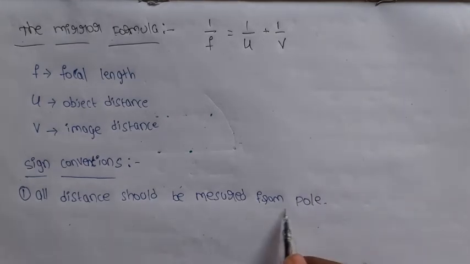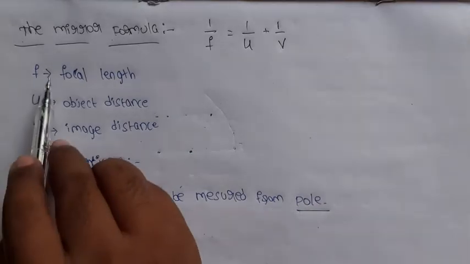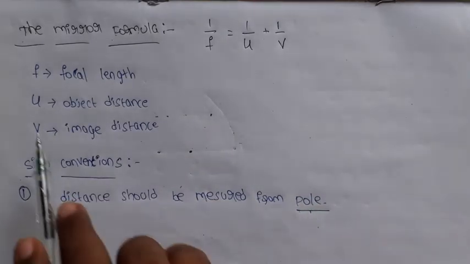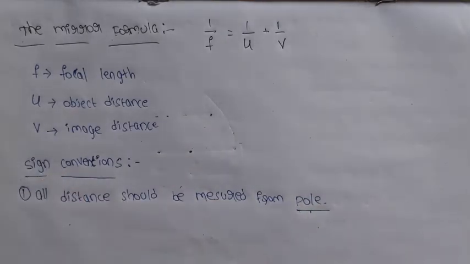Every distance is measured from the pole. So focal length distance is also measured from the pole, and object distance is also measured from the pole, and image distance is also measured from the pole point in ray diagrams. That is the first point.